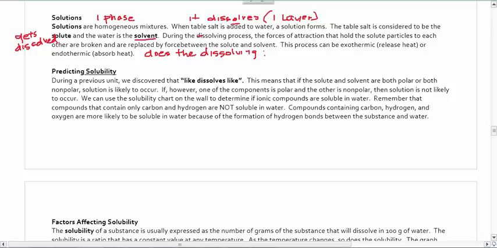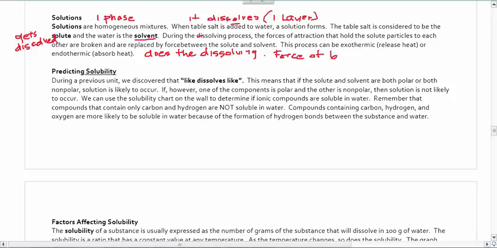During the dissolving process, the forces of attraction that hold the solute particles to each other are broken and replaced by a force between the solute and the solvent. In other words, we're going to pretend that water is your solvent, which it is most of the time.